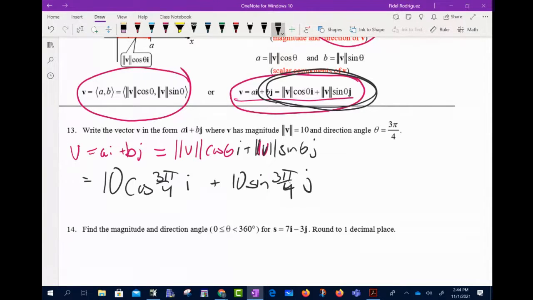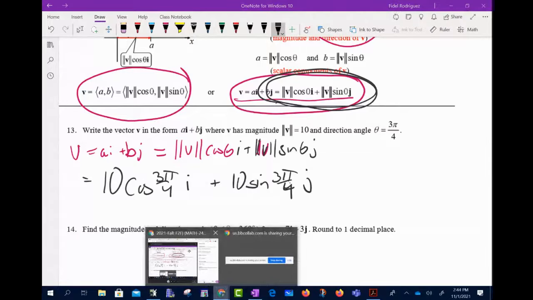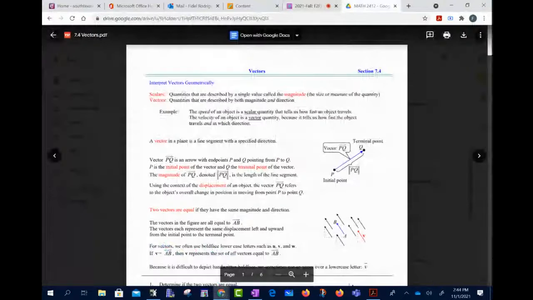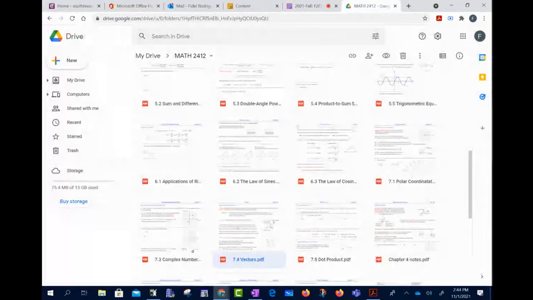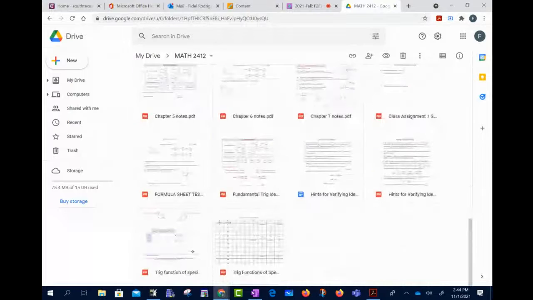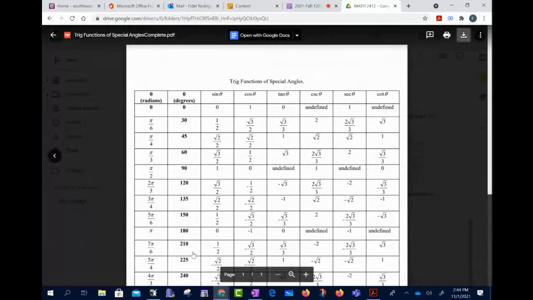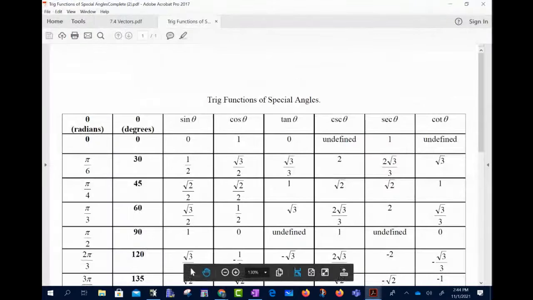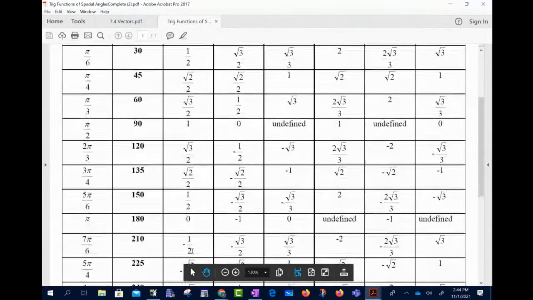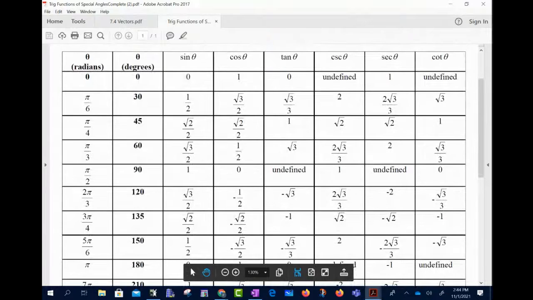And so the first thing I'm going to do here is pull up my little chart. Here we go, this is the one I want. Let's open this thing up. Okay, this is what I'm looking for, and we're looking at 3 pi over 4.